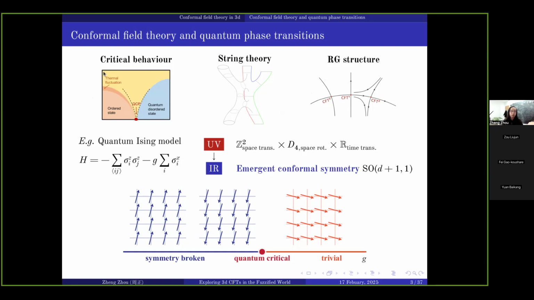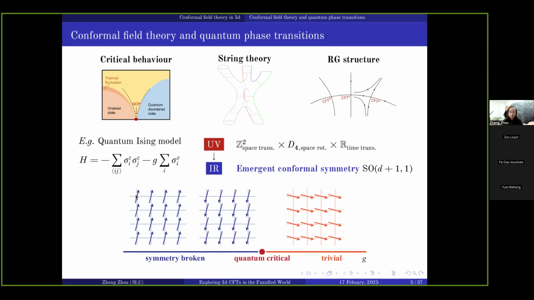So focusing on the critical behavior aspect, one of the simplest examples of a quantum phase transition is in the quantum Ising model, where by tuning the transverse field, there will be a quantum critical point that spontaneously breaks the Z2 symmetry.